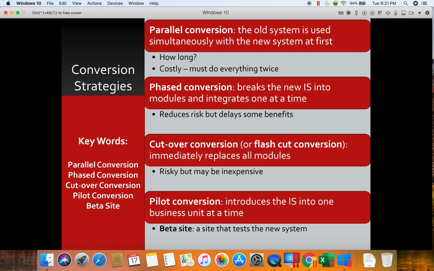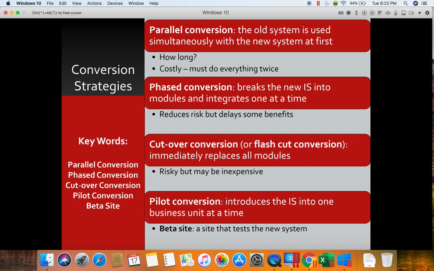By breaking our larger system into functional modules and phasing them into operation one at a time, we can help with the training aspects because employees can focus on learning one task at a time. And then when they've got that comfortable and mastered and we know it's working properly, then we can move on to the next step. But it does sometimes mean that there has to be some double input of things.